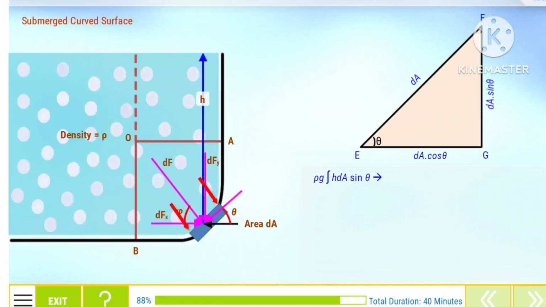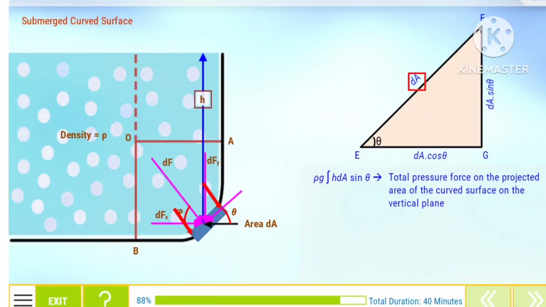Hence, the expression rho into g integral of h into dA into sine theta represents the total pressure force on the projected area of the curved surface on the vertical plane. Thus, Fx is equal to the total pressure force on the projected area of the curved surface on a vertical plane.